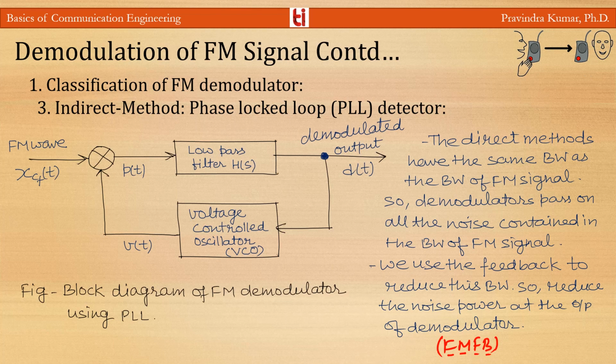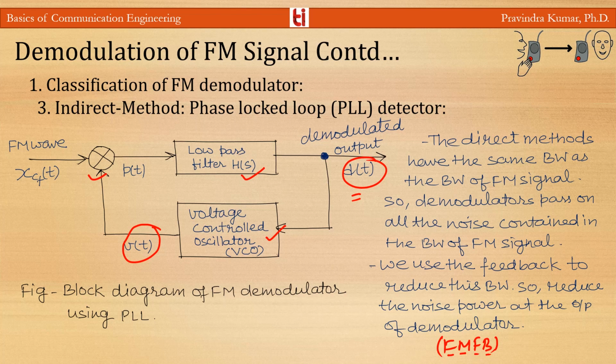You can see this PLL in your figure. This block diagram consists of a multiplier, a low pass filter, and a voltage controlled oscillator. The VCO produces a signal v(t) whose frequency is proportional to the input signal d(t). Initially, we adjust the VCO to produce an output signal v(t) having the carrier frequency and a minus 90-degree phase shift with respect to the carrier signal.